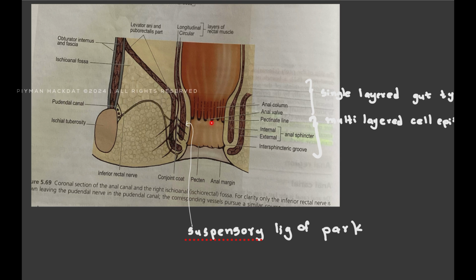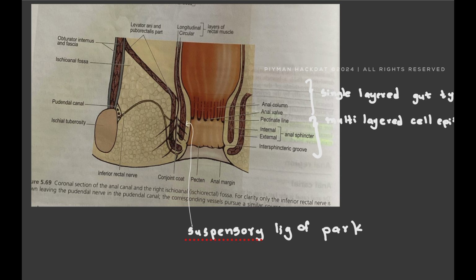And here near the pectinate line, also known as the white line of Hilton, you can see the anal canal. Essentially the internal anal sphincter and the external anal sphincter are joined by valves here, and this forms the anal columns.